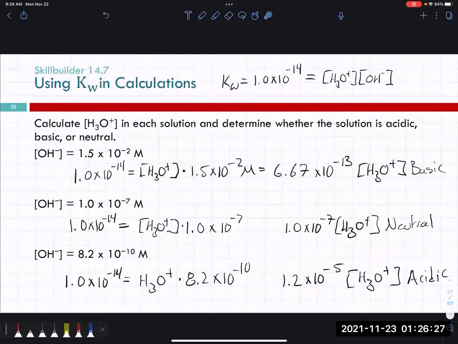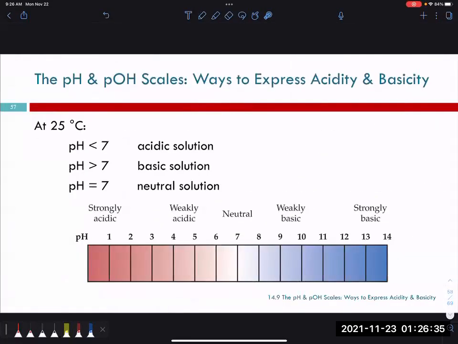You can use these concentrations if you really want to write out times 10 to the whatever a million times. There's an easier way though to do acid and base concentrations, and that's pH and pOH. Looking at the pH scale, pH 7 is neutral. pH 1 would be strongly acidic, pH 14 would be strongly basic.